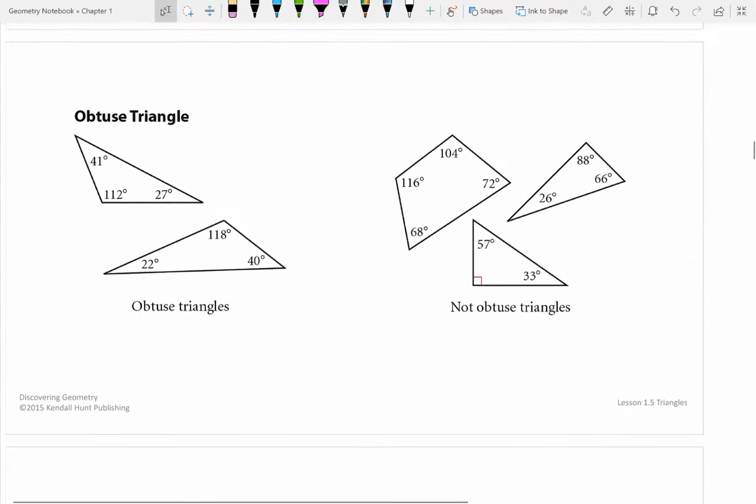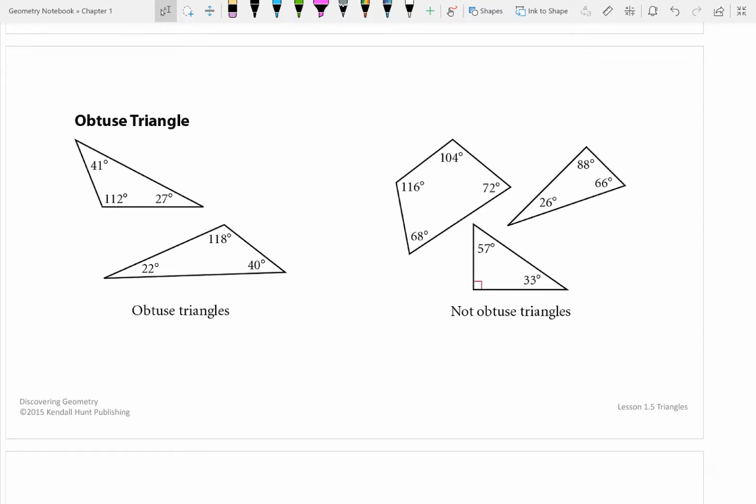Okay. Obtuse, with obtuse, we notice that each of these has at least one obtuse angle. But notice it's not obtuse if it's a right triangle.